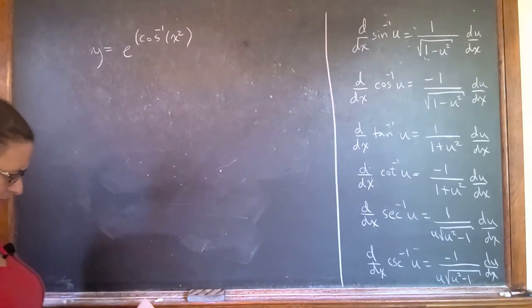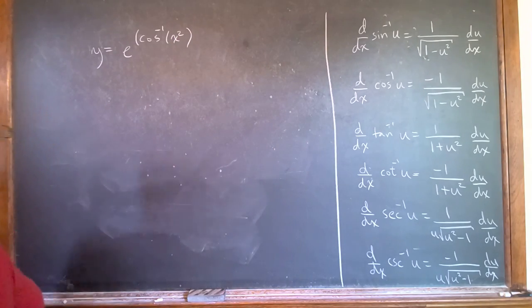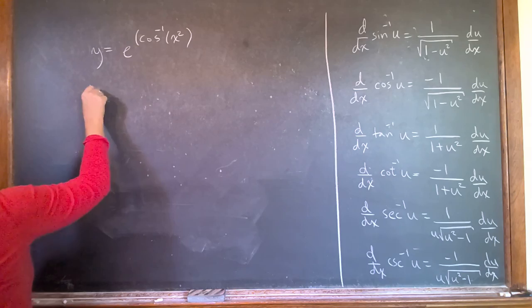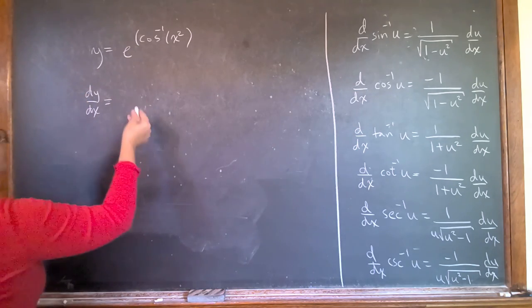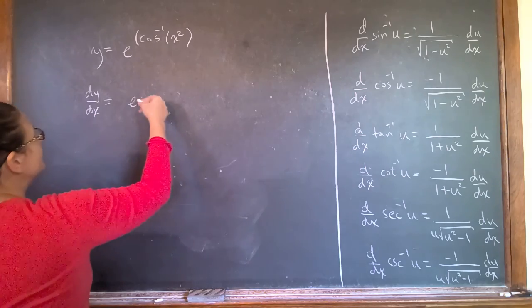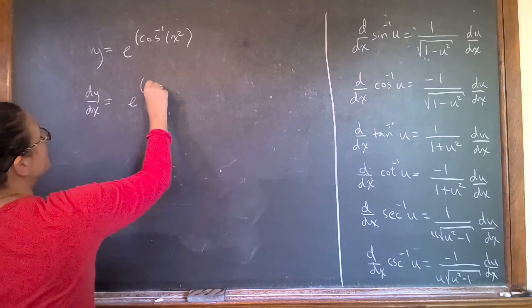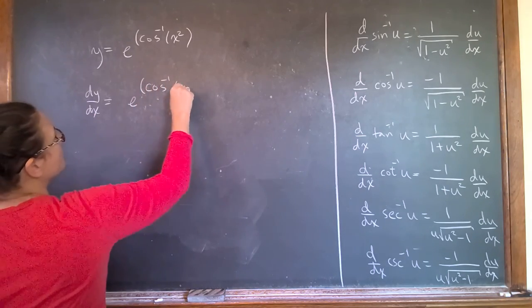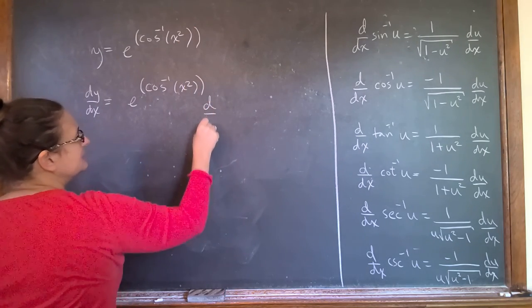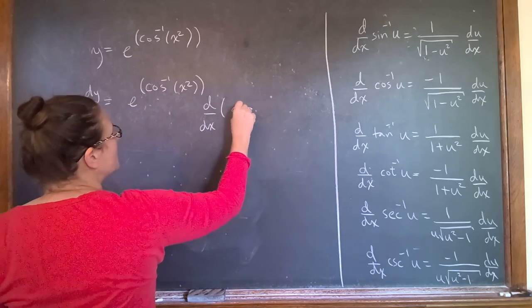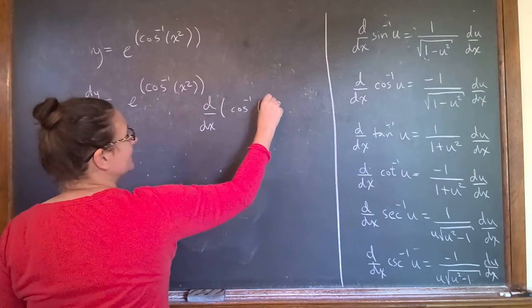So here we have the outside function being e, right? So the derivative is just e to the u, du dx, so d dx of inverse cosine of x squared, right?